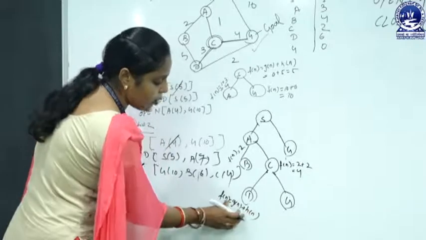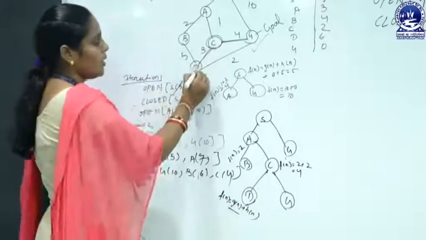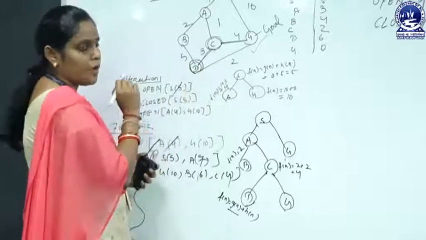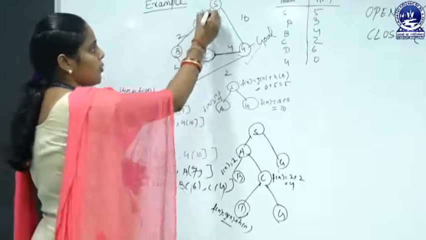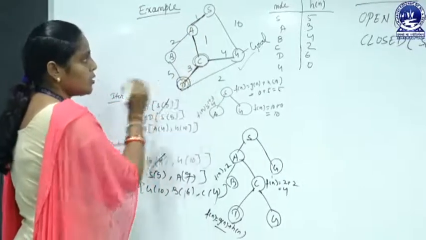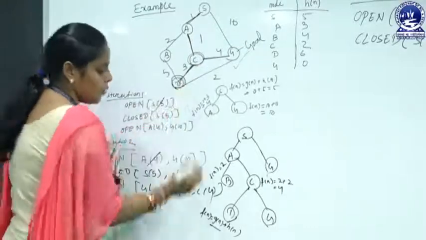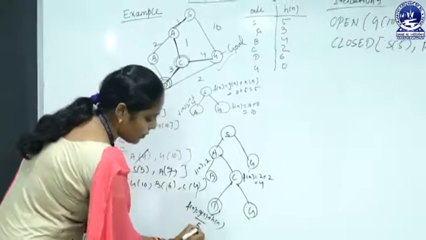That means for node D, first we check this Gn value. Now look at here, this is our node D and its Gn value is nothing but this value plus this value then plus this value. That means 1 plus 1 plus 3, which is equal to 5.